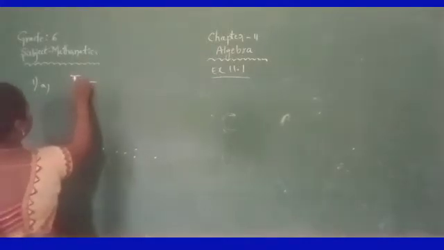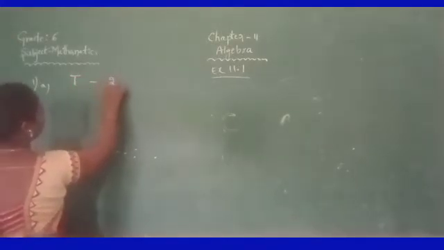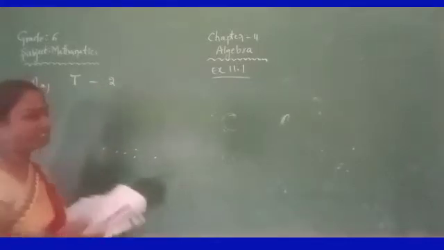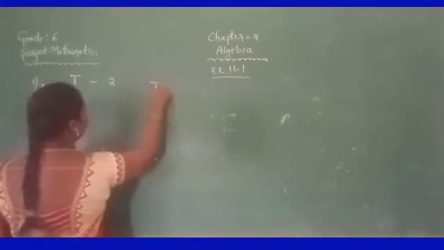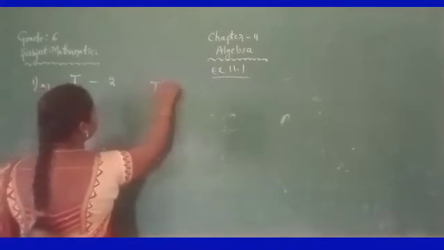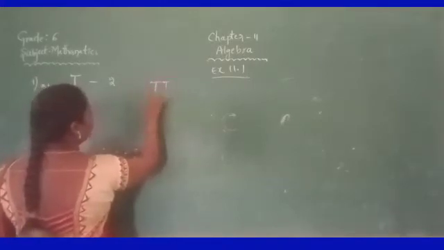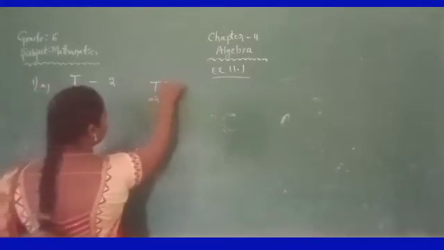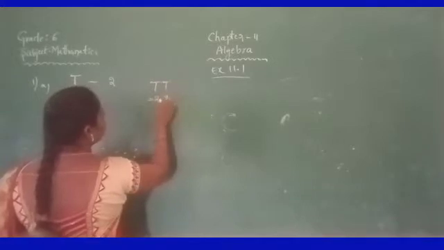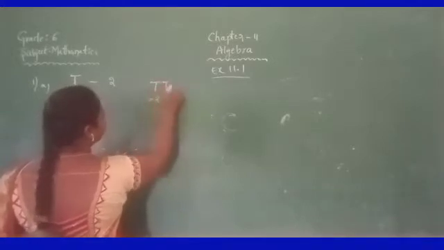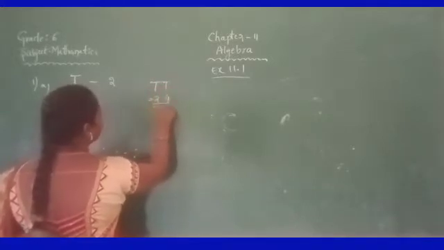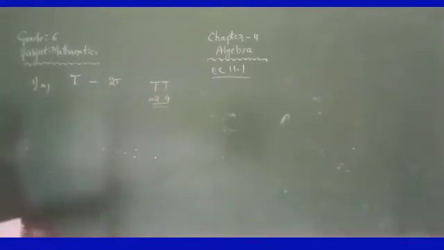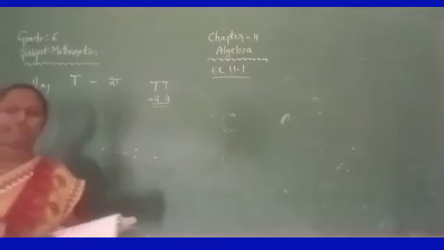One horizontal and one vertical, so a total of 2. For 2 T's, similarly, 2 more, so that means 2 T's need a total of 4. So the pattern is 2T, or 2N. You can use any variable.